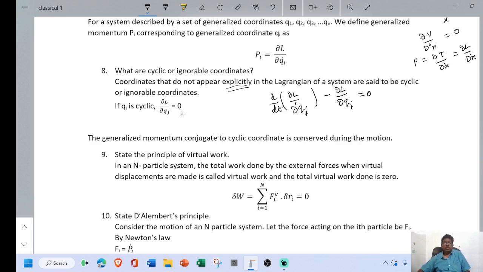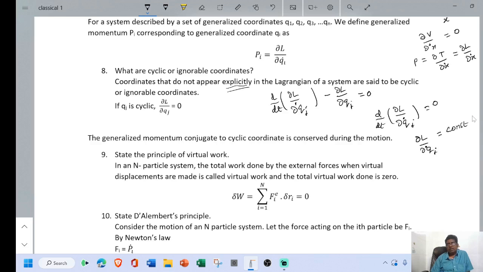See, if qj is cyclic, then the value of dou L by dou qj is 0, which means the second quantity is 0. The above equation reduces to d by dt of dou L by dou qj dot equals 0. Therefore, dou L by dou qj dot equals a constant, because if you differentiate a constant, we get 0.